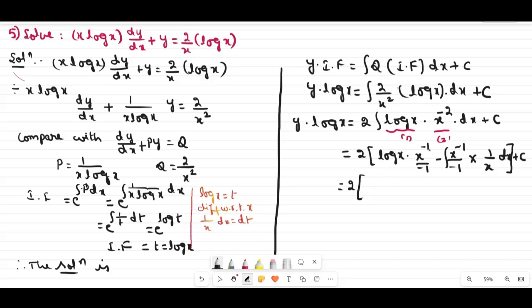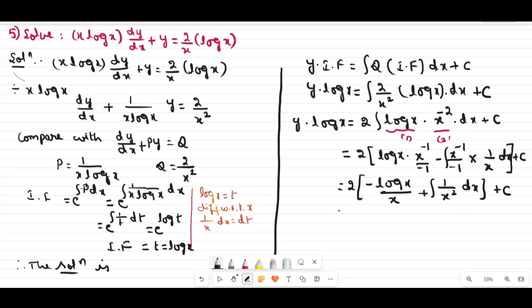Now I will simplify this term. X power minus 1, if you take it to the denominator, becomes positive, isn't it? So minus log x by x, minus into minus becomes plus, integral of 1 by x into 1 by x, which is 1 by x square, into dx plus c.